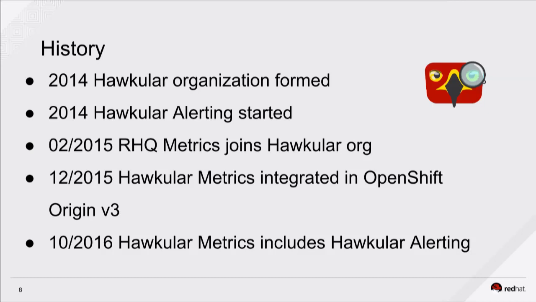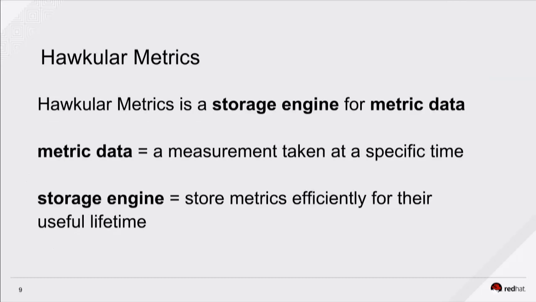And up until 2016, if you wanted metrics and alerting, you had to install and configure two products and then make them talk together. And we said, nah, that's too complicated. Why don't we do something better? So we integrated both of those into one single deliverable. So 6-7 months ago, now you can get one single binary deliverable, and you have both of those integrated. And I'll go into what that integration is.